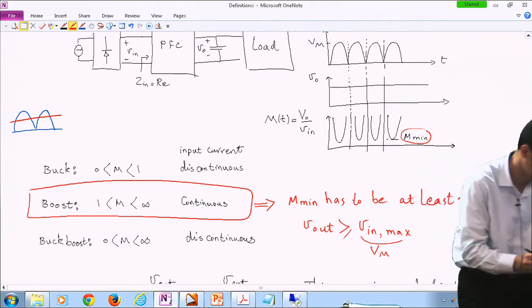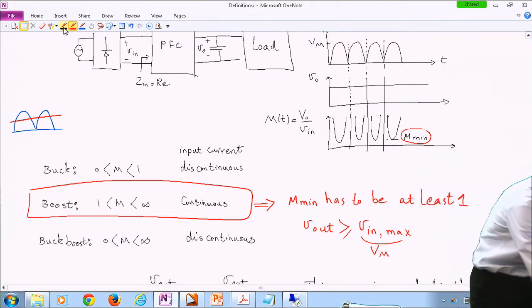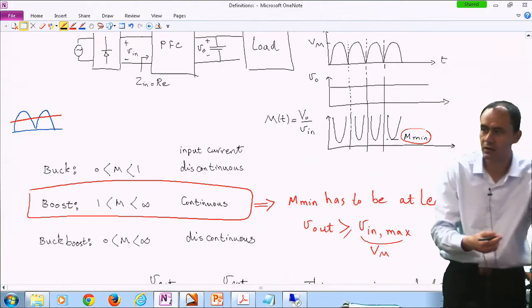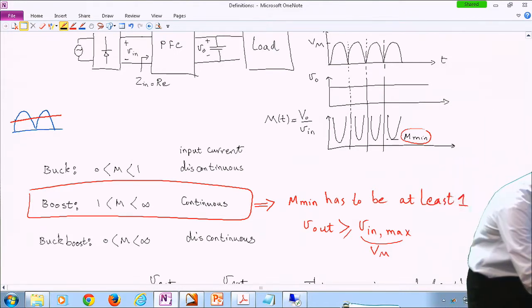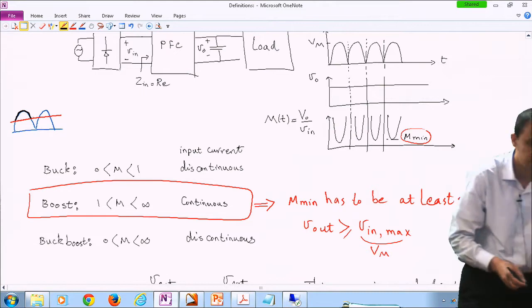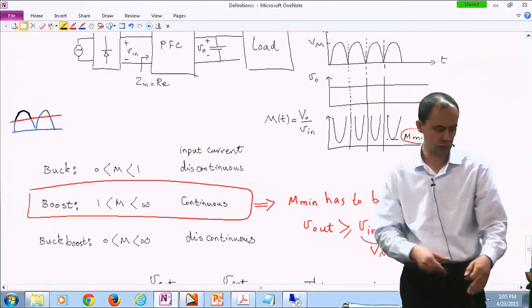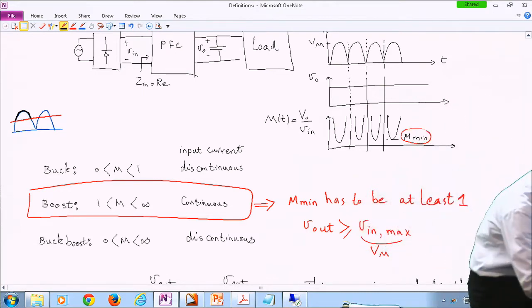Buck is stepping down the voltage, so when you are in this region, you can step it down to the output voltage. Technically your current is pretty much zero when you're out of that portion, and then you can control the current like this.